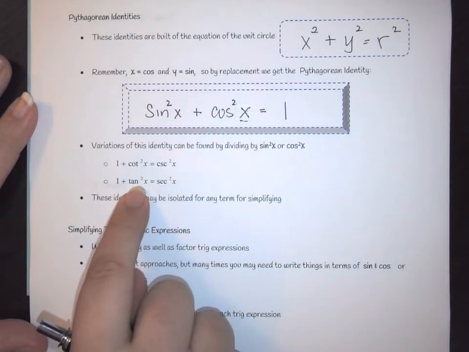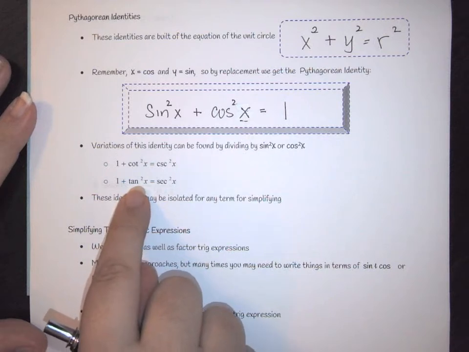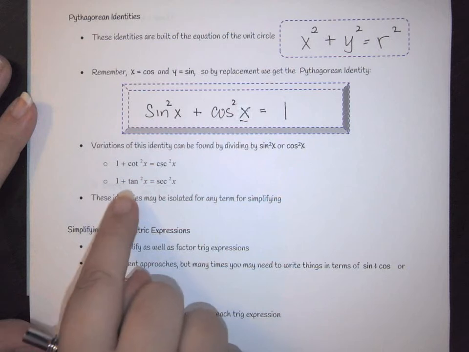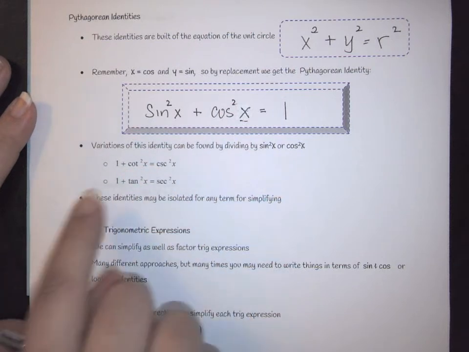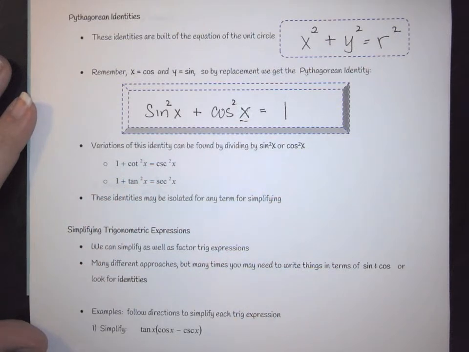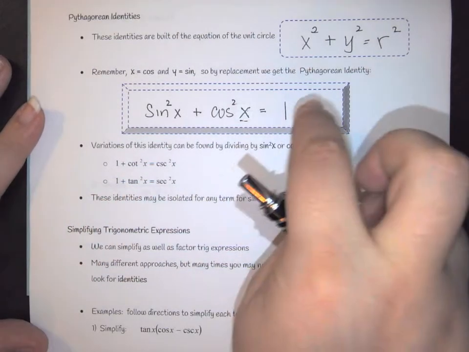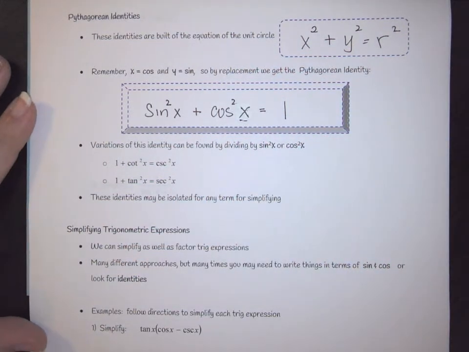But then we can manipulate them simply by dividing or subtracting out your identities to get 1 plus the cotangent squared to be your cosecant squared, 1 plus the tangent squared to be your secant squared. So we have these 3 identities here that you need to remember.